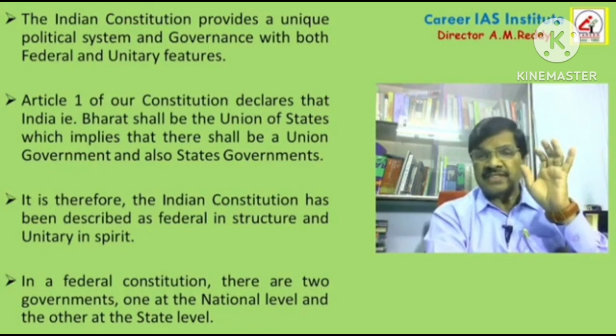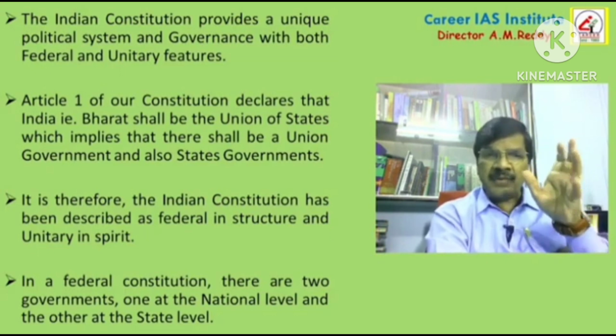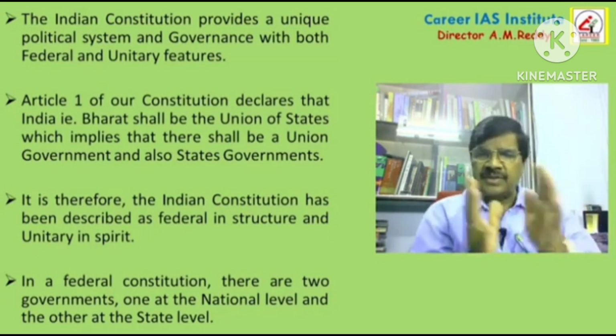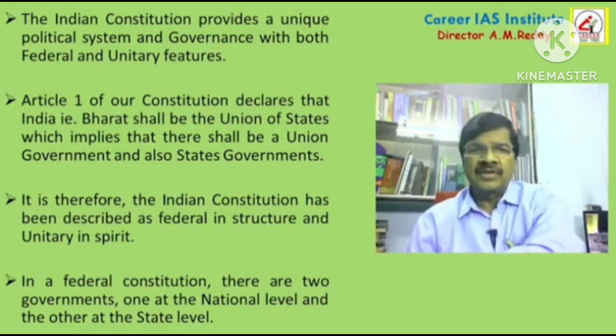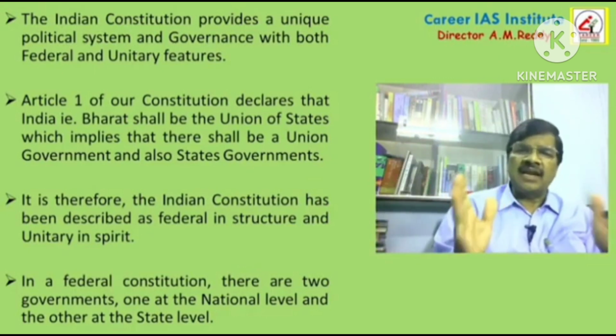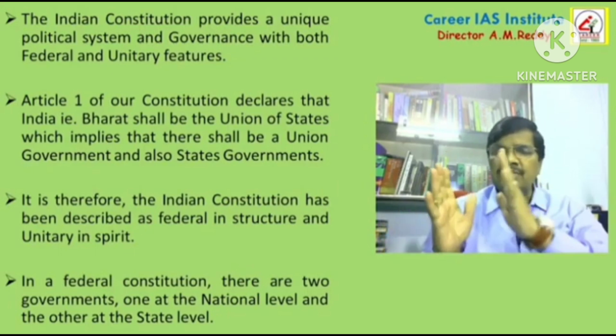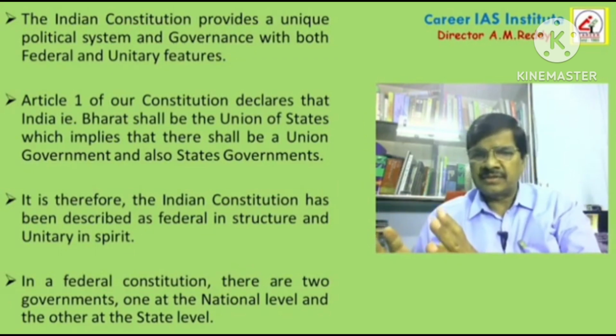Union of states. What does it mean? It implies that there shall be a union, union of states means union and states. It implies that there shall be a union government and also state governments.